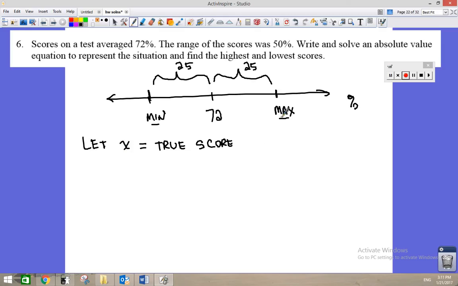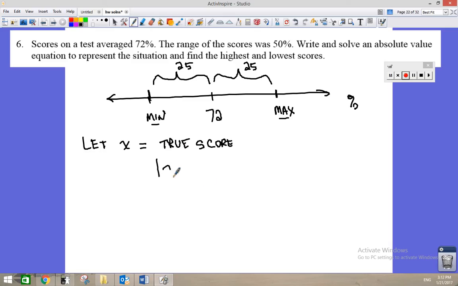One where x is a maximum score, and one where it is a minimum score. So I'm having a hard time. It's not that true, it's the average score. No, it is. The average was 72, and most people scored that 72. But this, I can call this the true score.